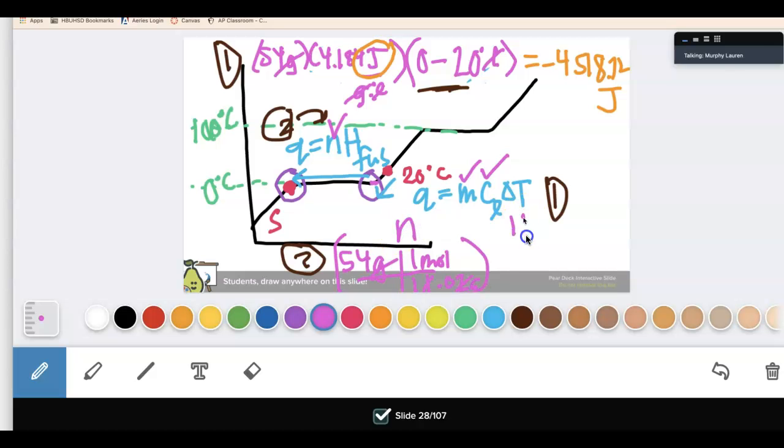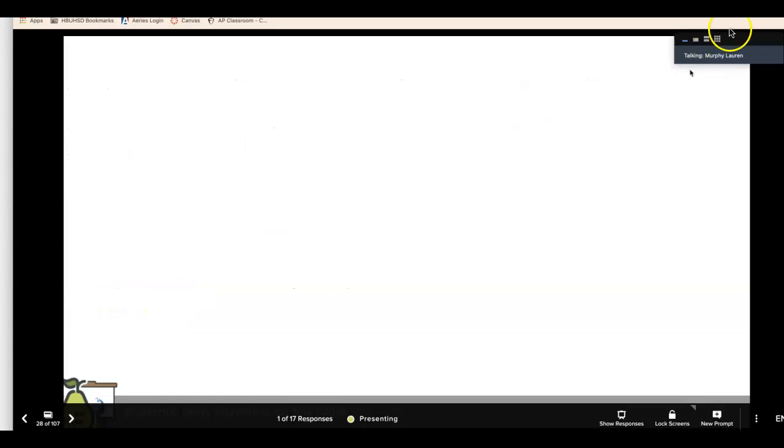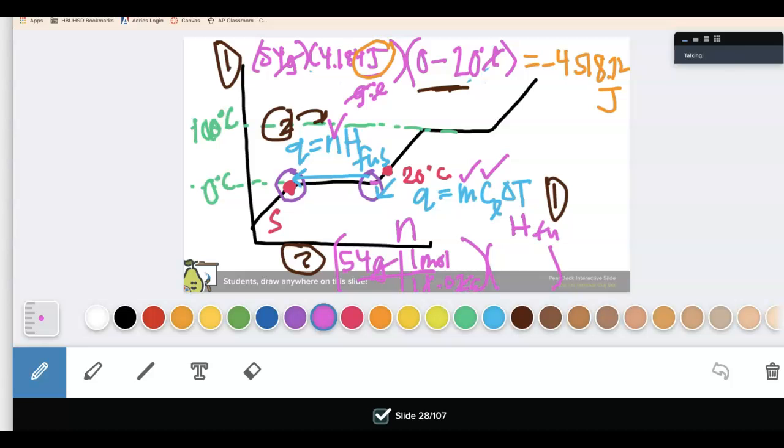And then H fusion. So I go look that up. You go back to your constants, and the enthalpy of fusion for water is 6.01 kilojoules per mole. What's nice about this is that it helps cancel out my moles.